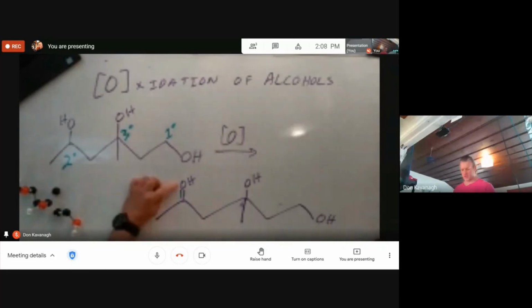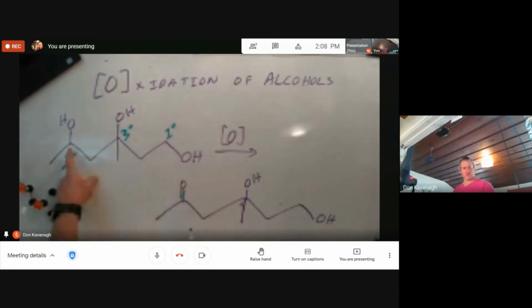So this oxygen here is now bonded 3 times. So if something had to give, that hydrogen is lost, forming a ketone functional group. So again, a carbon-oxygen bond was made, an oxygen-hydrogen bond is lost, and if you look carefully, also a carbon-hydrogen bond was lost.